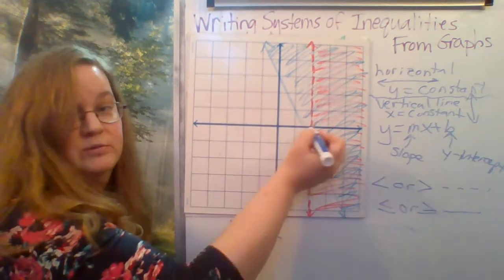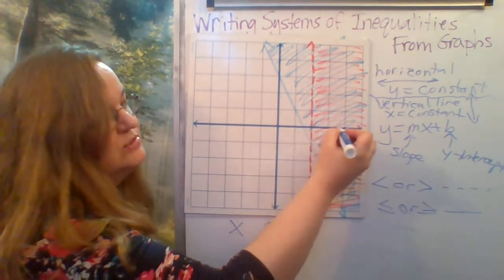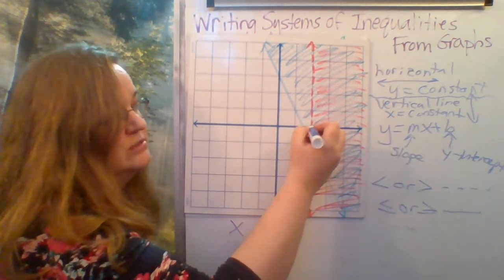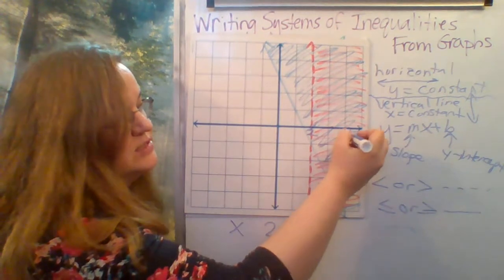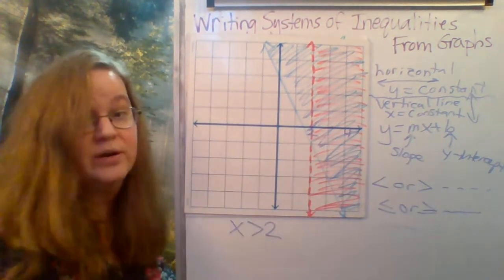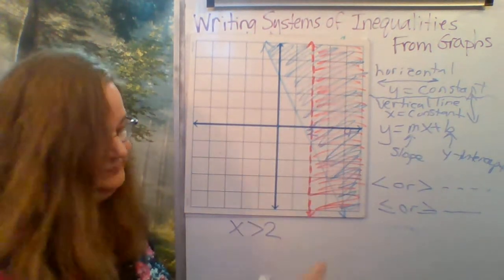The smaller would go this way. Well, the shading is this way, and if you think about it, if this is 2, this is 3, this is 4, these numbers are greater than 2. If this is 2 and this is 4, 4 is greater than 2. So therefore, x is greater than 2. It's not or equal to because it's a dashed line, okay?